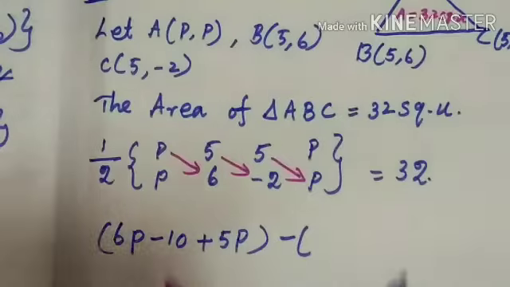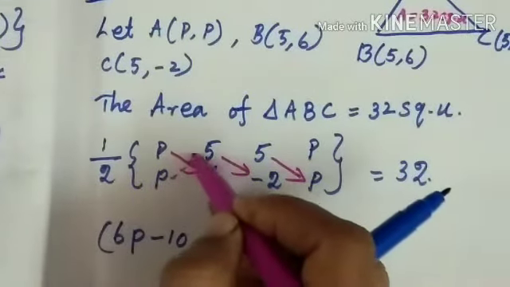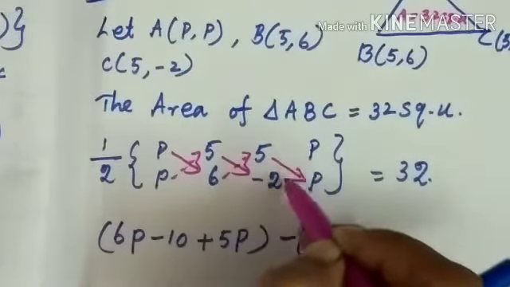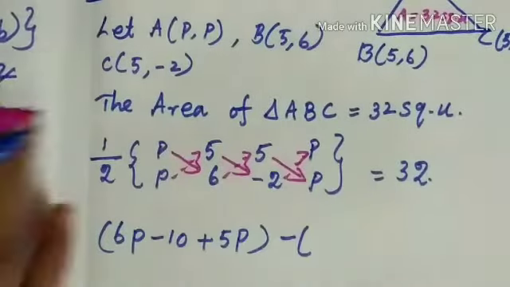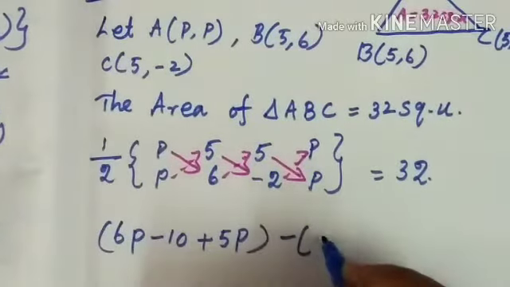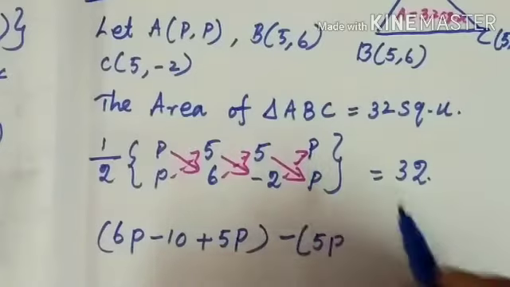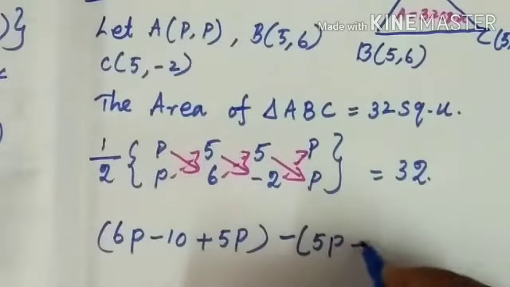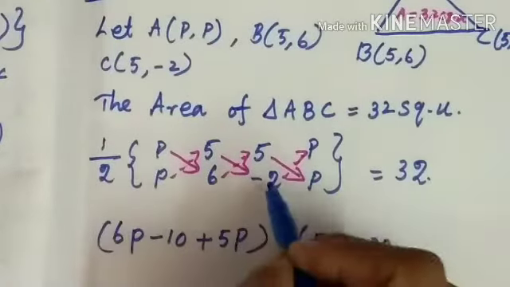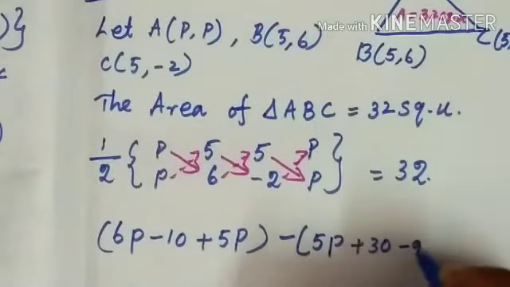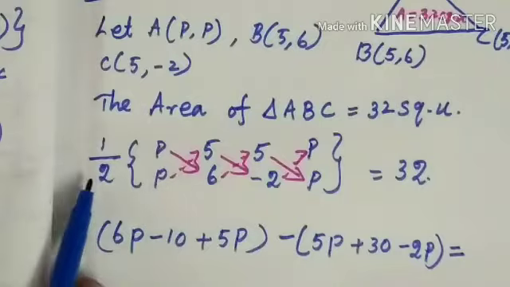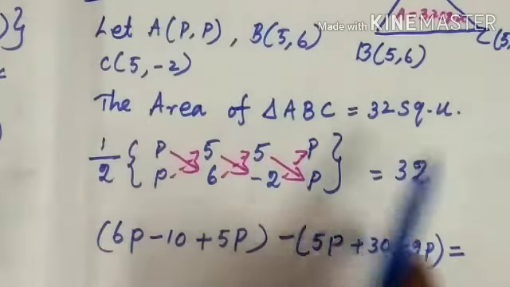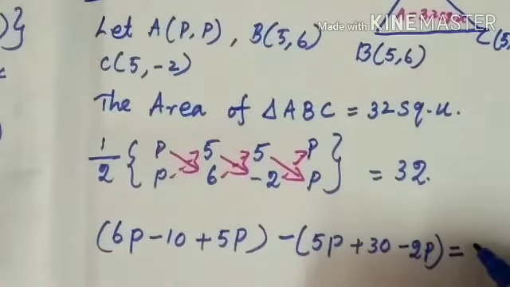Now you multiply from bottom to top. Then we get P into 5, 5P; 6 into 5, plus 30; -2 into P, -2P, is equal to, this 2 you transpose after the equal, it becomes multiply.